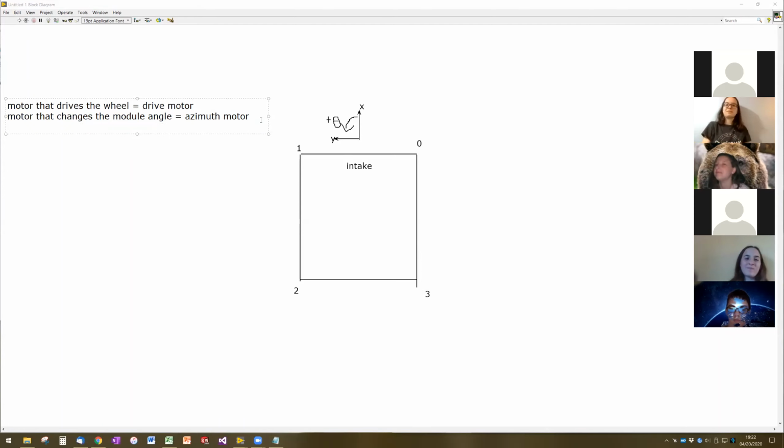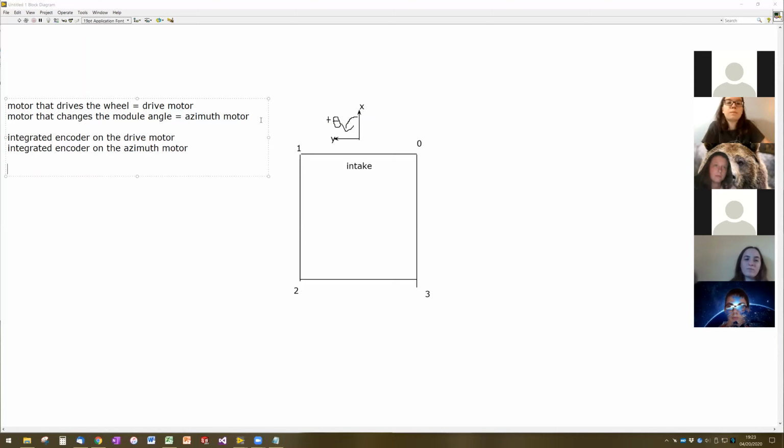You then have several encoders. Each of the motors that we're using is a NEO right now. And whether we use a NEO or a Falcon in the future, they're going to have integrated encoders. So there's an integrated encoder on the drive motor, and there's an integrated encoder on the Azimuth motor.